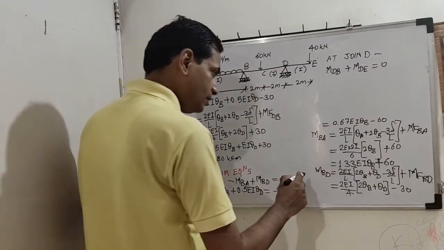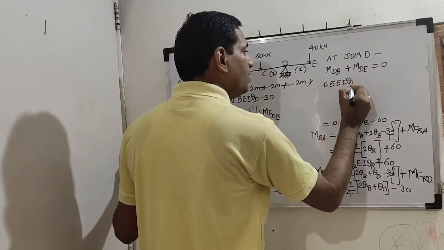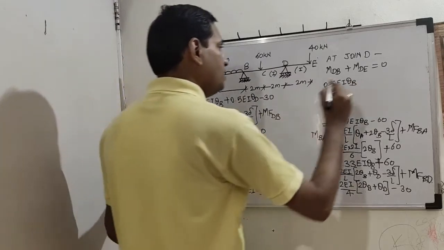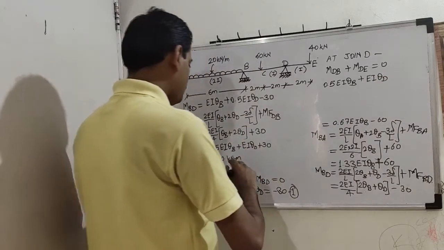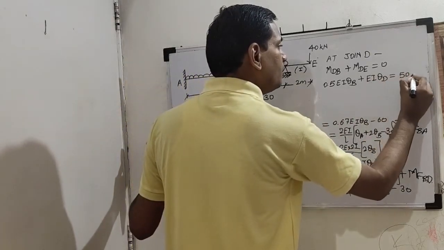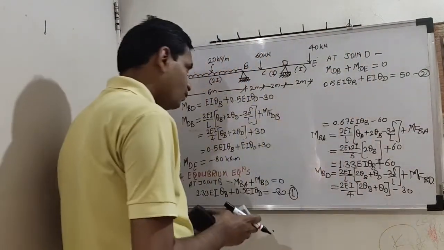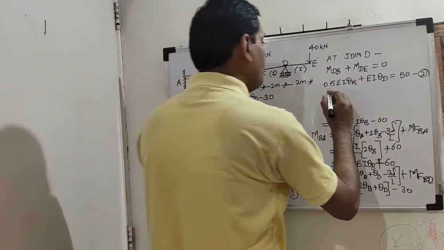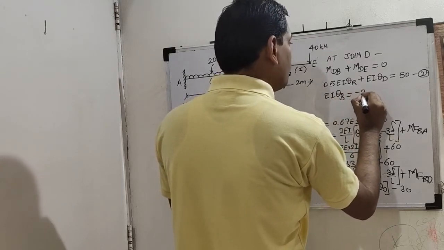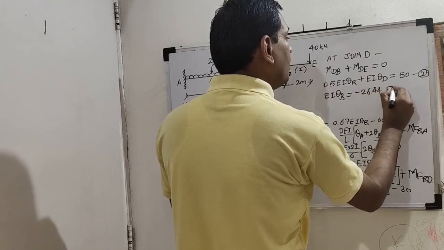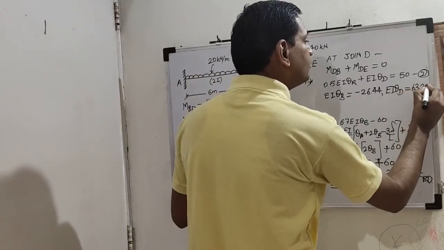So what is MDB? 0.5 EI theta B plus EI theta D plus 30 minus 80 is minus 50. You bring this on the right hand side, it will be plus 50. So this is equation 2. So solve equations 1 and 2 simultaneously. You will get EI theta B as minus 26.44 and EI theta D as 63.22. Okay.